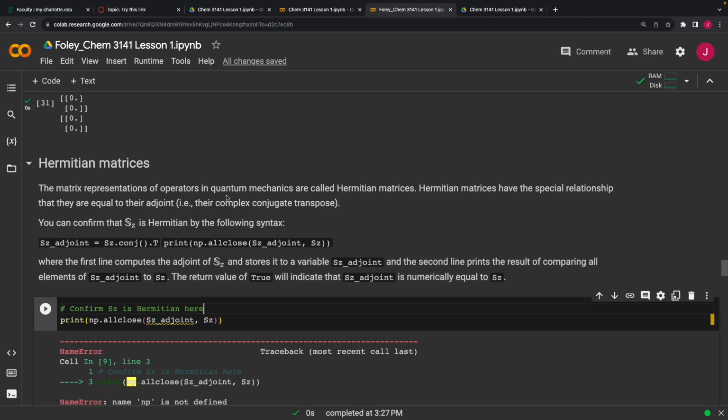Okay? So this is our adjoint matrix. So I'm going to write here adjoint, and then the original matrix down below is this one.